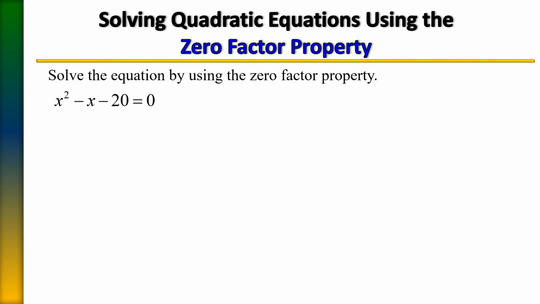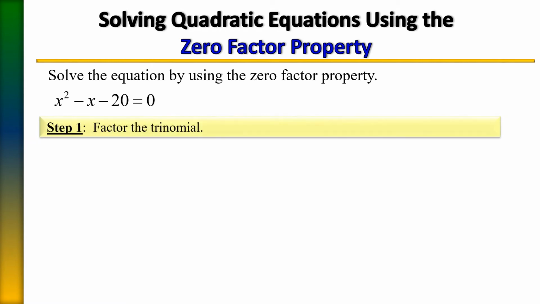Step 2 is to factor the equation. We covered factoring trinomials in previous sections, so I'm not going to go over how to factor. You should already know how to factor.